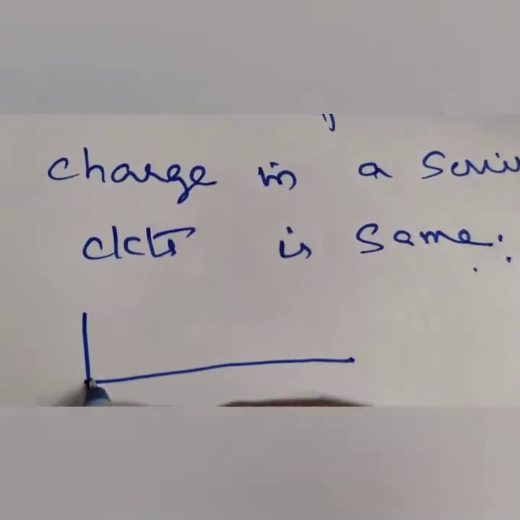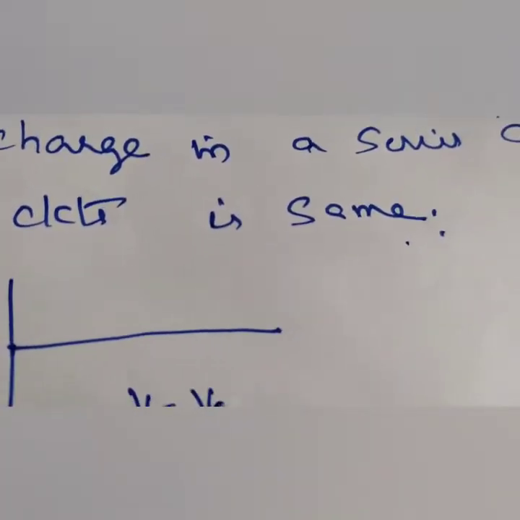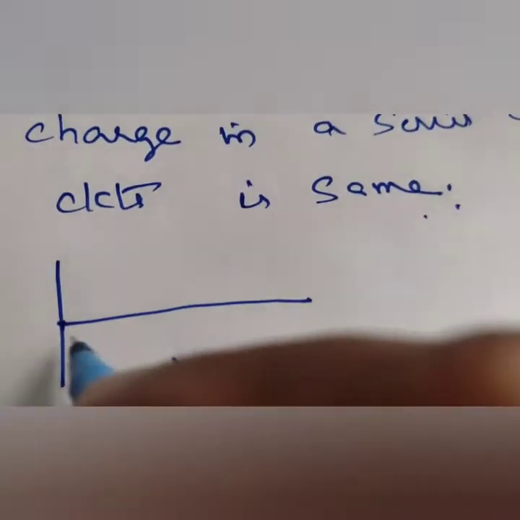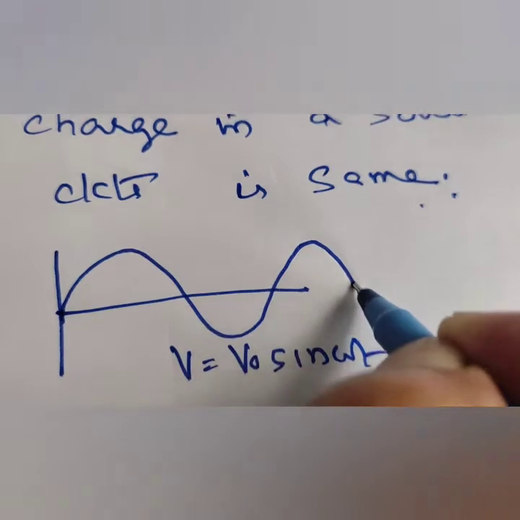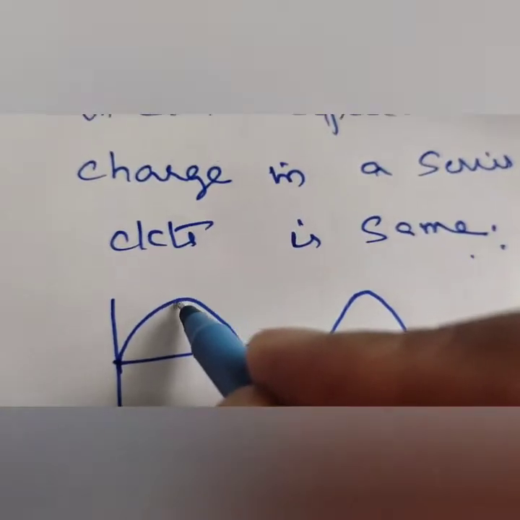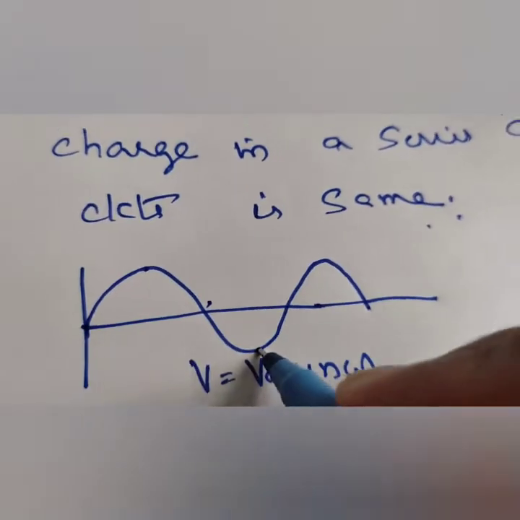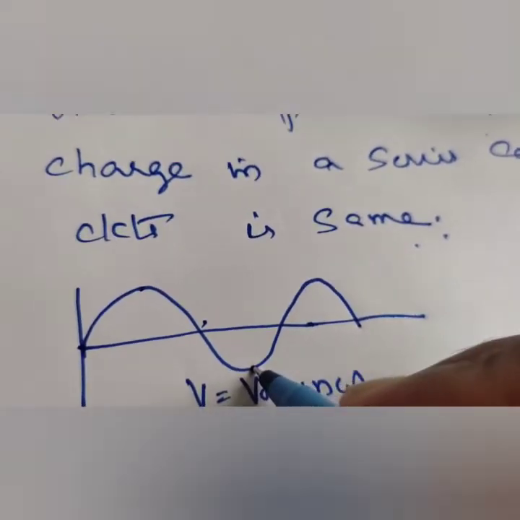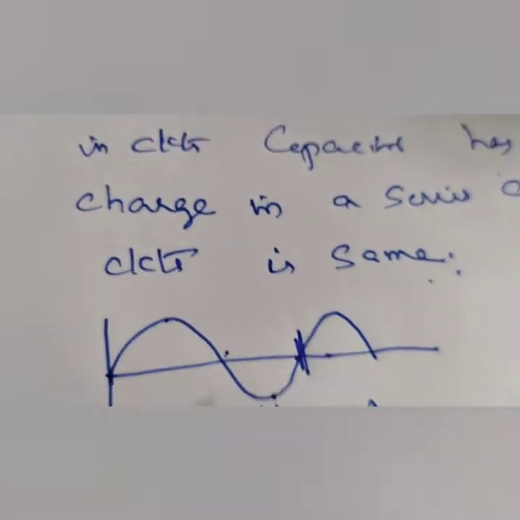An AC sine wave is V equal to V0 sine omega t. That means it has a frequency. It increases to maximum, comes to 0, decreases to minimum, then returns to maximum and again 0. This is called one cycle.